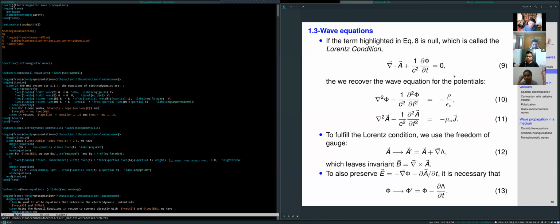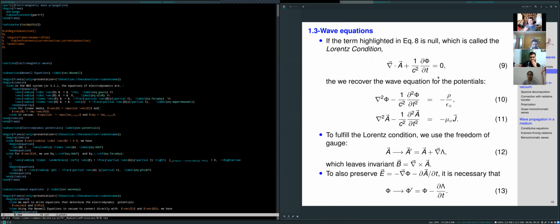Of course, in general, A and phi do not fulfill the Lorentz condition. In general, this condition is not always met. However, we will be using the freedom of gauge to find A and phi such that equation 9 is fulfilled. This is a bit subtle.